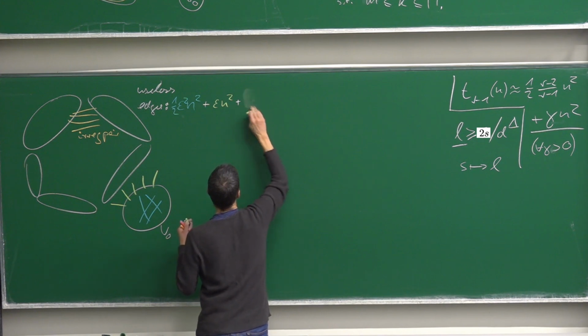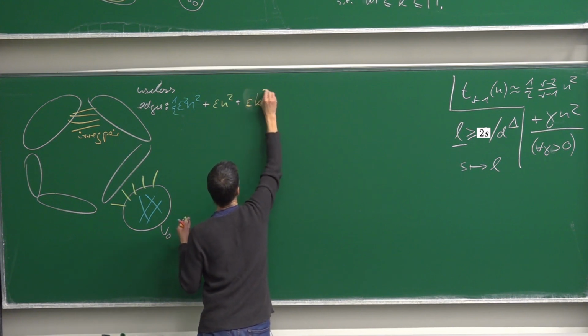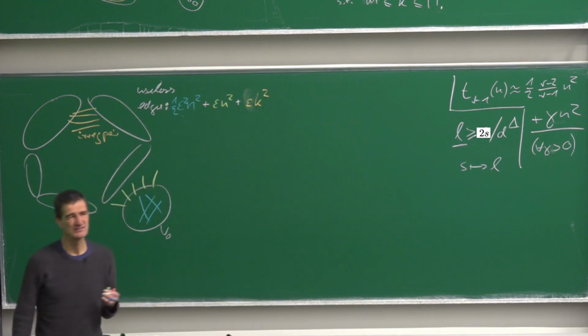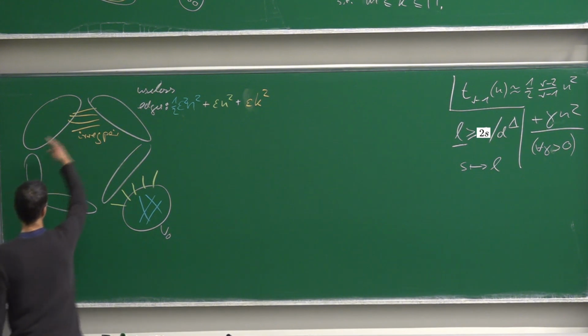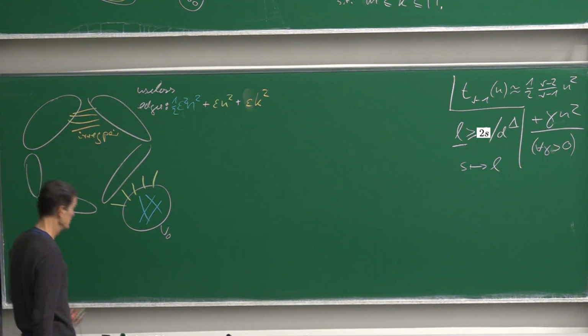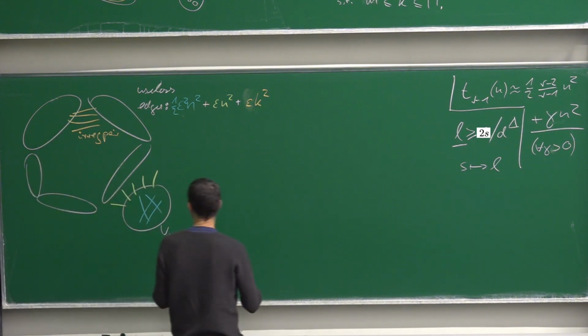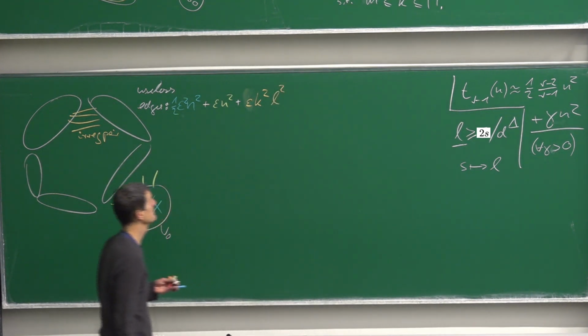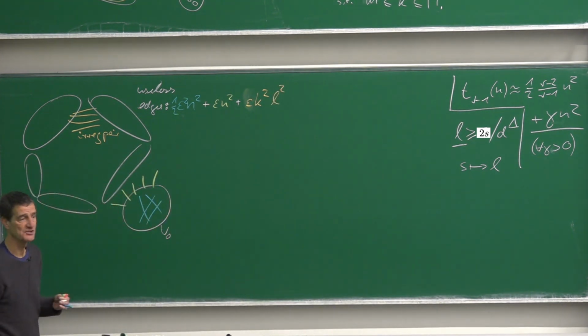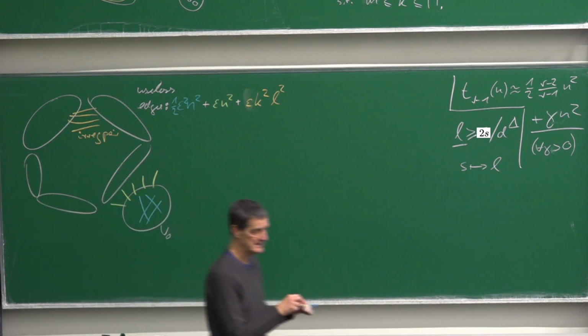I said epsilon k choose 2, but, well, let's call it epsilon k squared. When we have an irregular pair, how many edges are there between them? Well, all. So L squared possible edges like that.